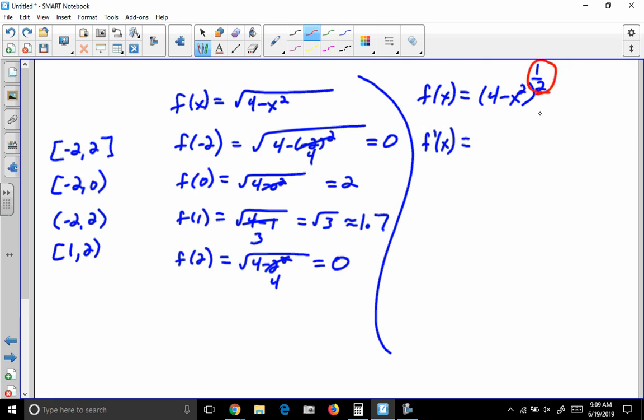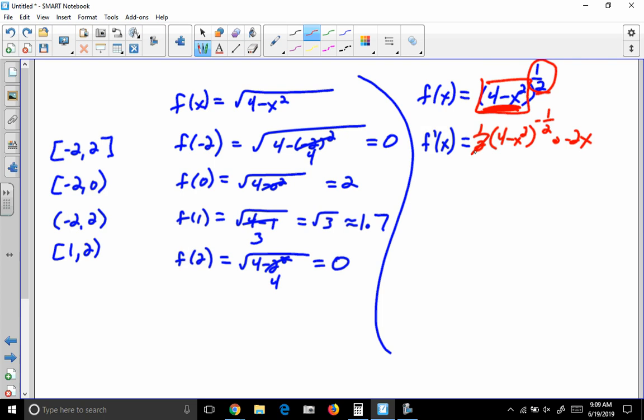So on the outside, we have something to the 1/2 power. So we bring our 1/2 down to the 1 less power. 1 less than 1/2 is -1/2 times the derivative of the inside. So the derivative of the inside is -2x.